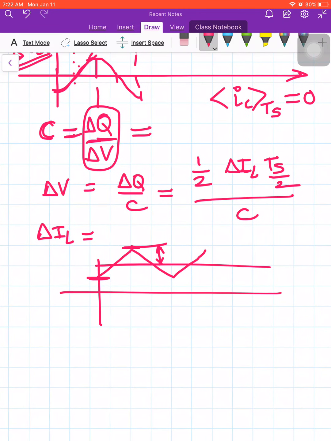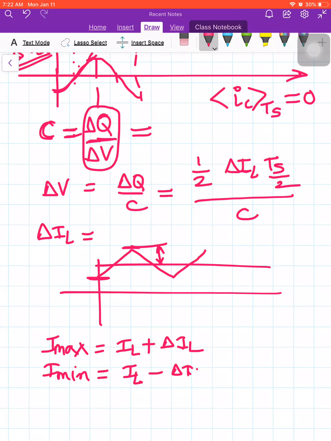We already know that Imax is equal to the average current IL plus delta IL. Imin is equal to the average current IL minus delta IL.